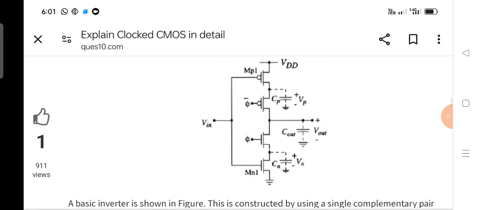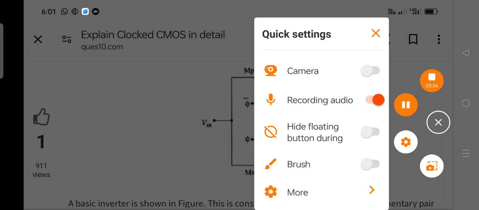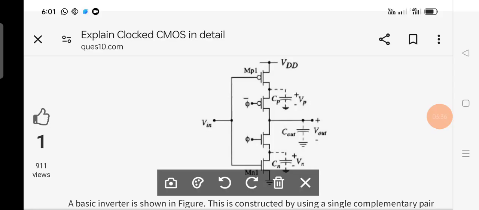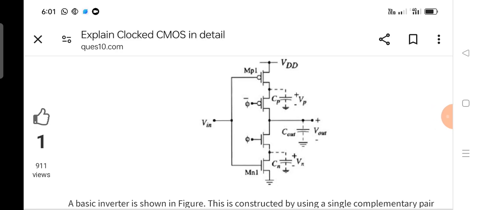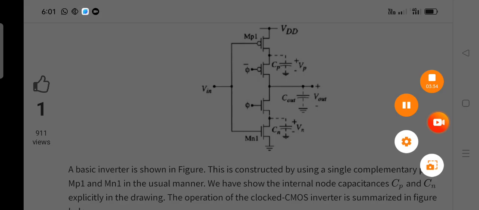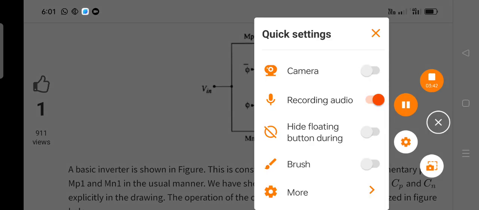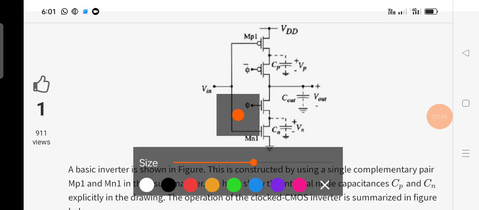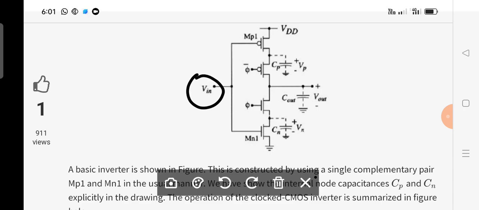Now will you please tell me what is this one? Anybody from the class? Yeah, absolutely. This is an inverter. Is it clear? Now you can observe very carefully why I am calling this one an inverter. We know that an inverter consists of only one input. Then you have only one input here, V in, and the output is there. And don't forget, since it is an inverter, only one PMOS transistor and one NMOS transistor should be present.